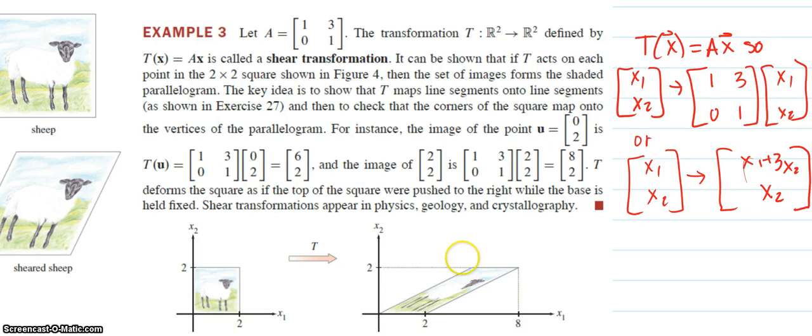So if you look down at 0, 2, it now becomes 6, 2. The point 2, 2 becomes the point 8, 2. 0, 0 stays the same.